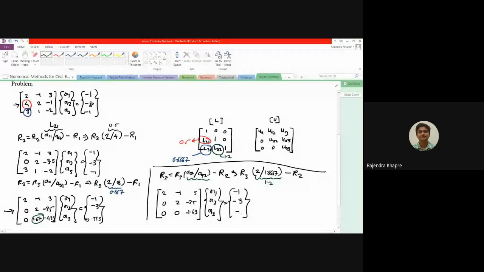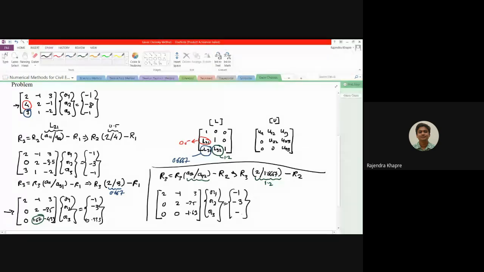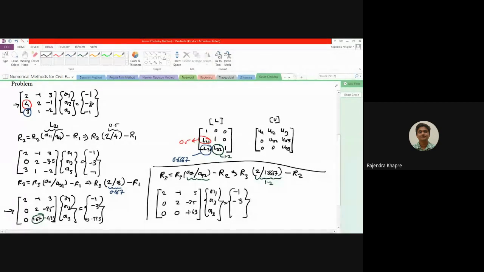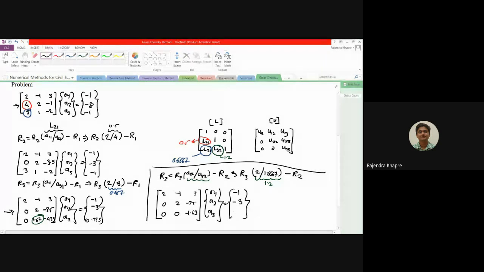So this will be 0.333 into 1.2 minus 3. 3.396 लिख देते हैं. ठीक है, प्लस माइनस.